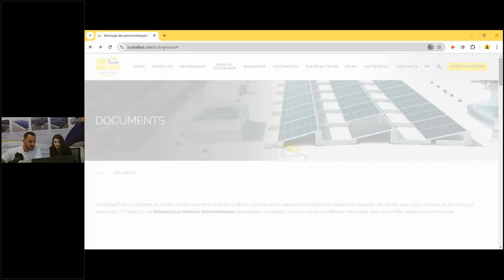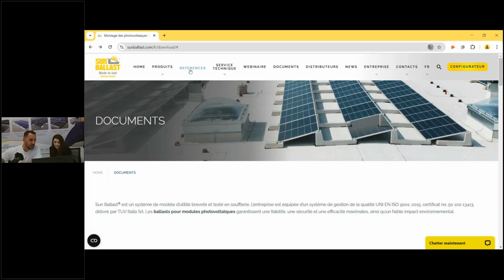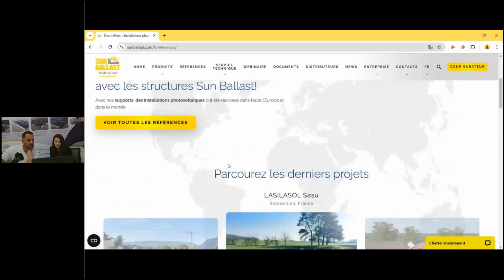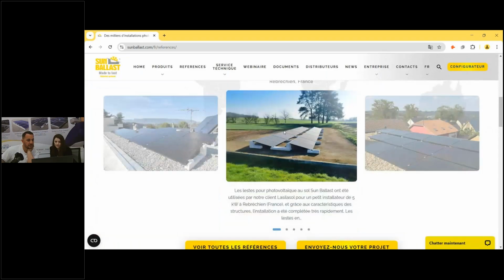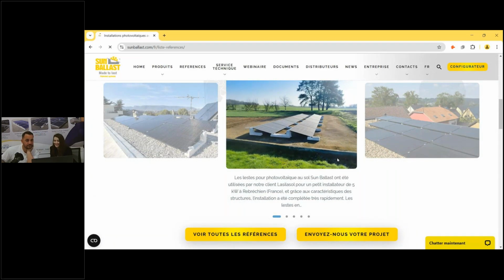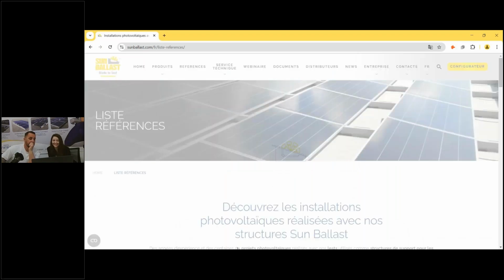Okay. Probably because References in here. The option on some ballast where you can see all, not all, like a big part of big part of the installation. installation. Again, France. Again, France. Yeah.